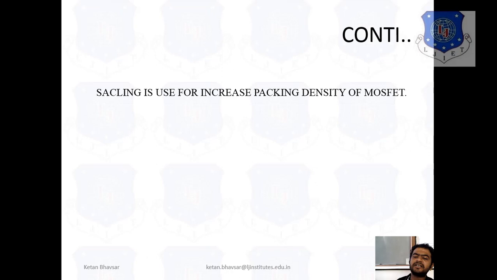Scaling is used for increasing the packing density of MOSFETs, because if you increase the scaling factor, you reduce the size of the transistor, and because of that we get the appropriate result.